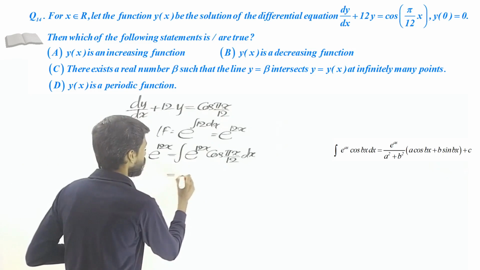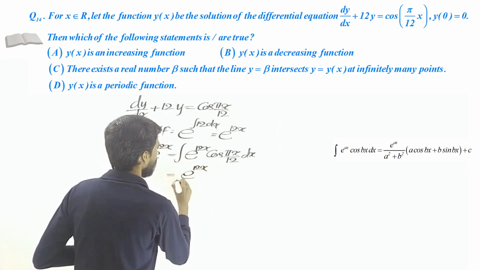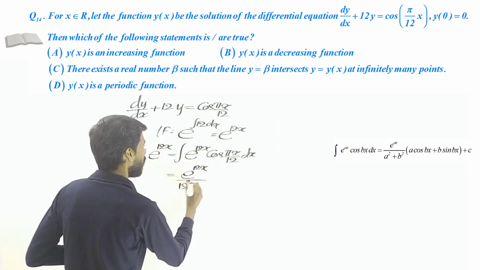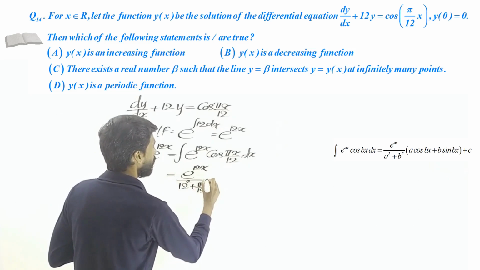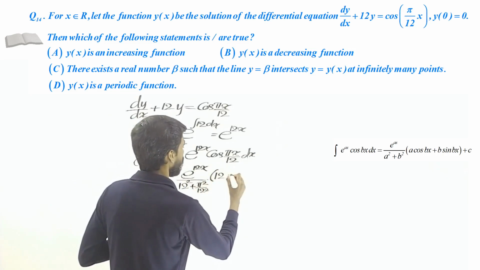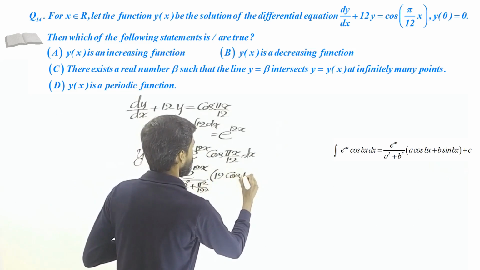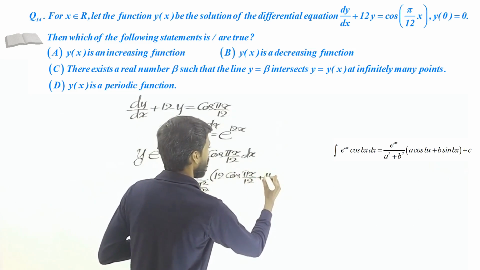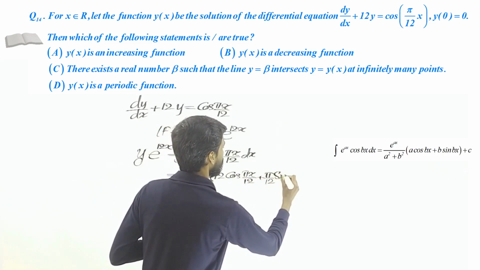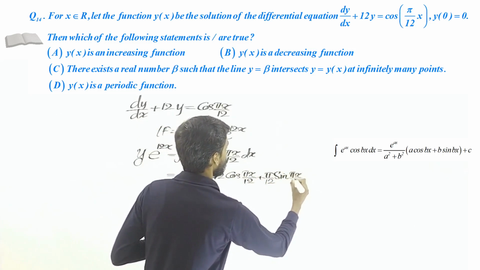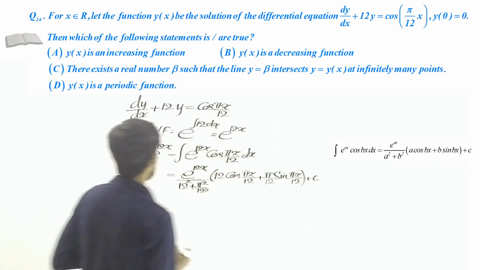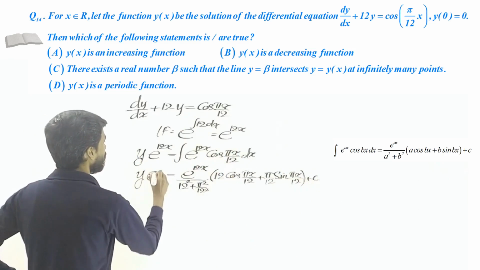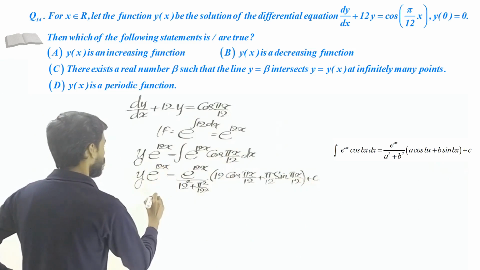So that equals e to the power 12x divided by a square plus b square, so 12 square plus pi square by 12 square, multiplied by a cos bx, so 12 cos pi x by 12, plus b, which is pi by 12, sine pi x divided by 12. Okay, so that is the integration. Now we've got the relation for y e to the power 12x, or we can find y also.